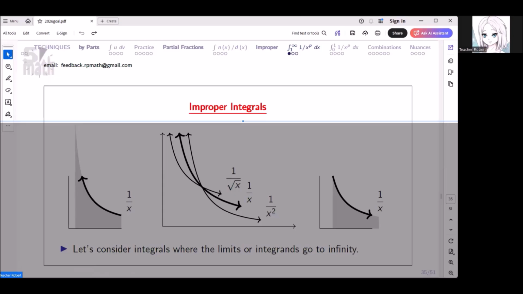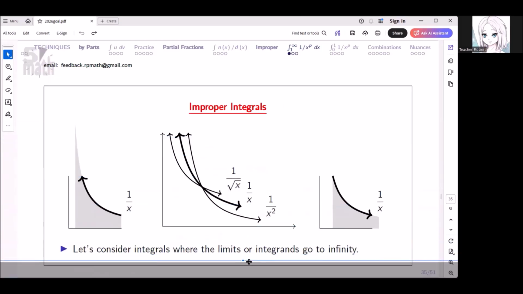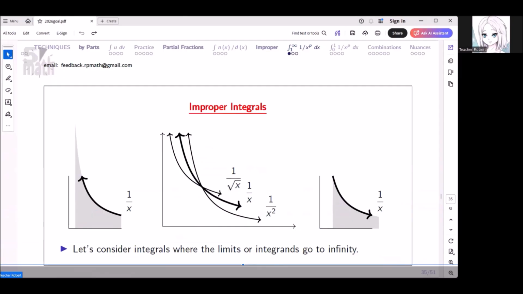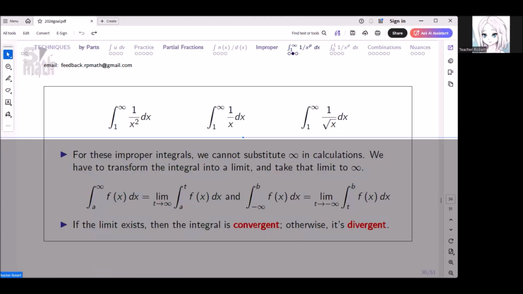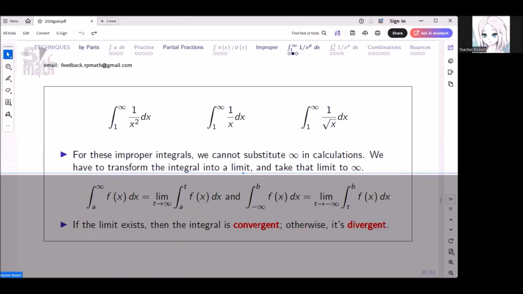Improper integrals. Let's consider integrals where the limits or integrands go to infinity. For these improper integrals, we cannot substitute infinity in calculations.